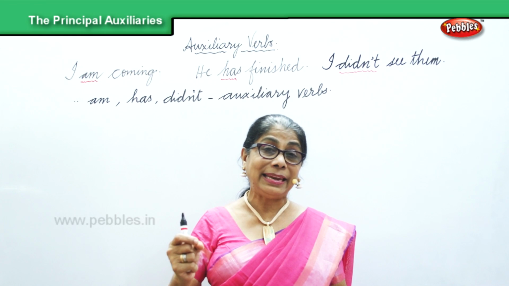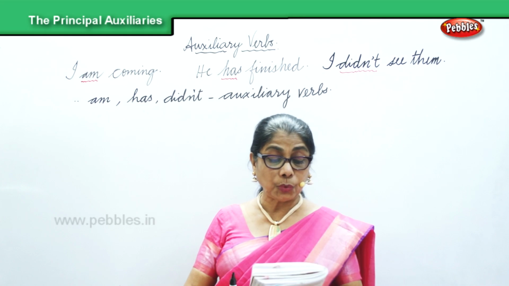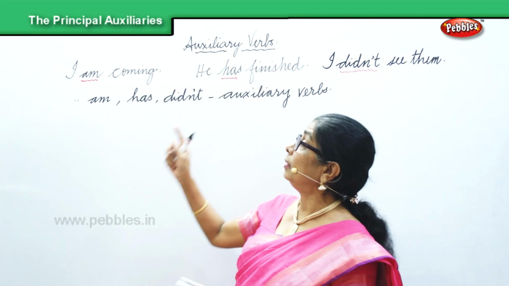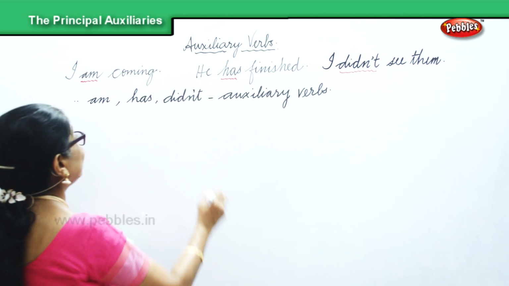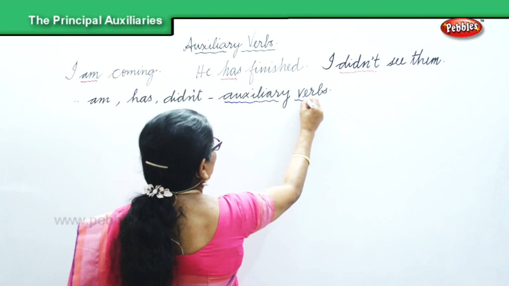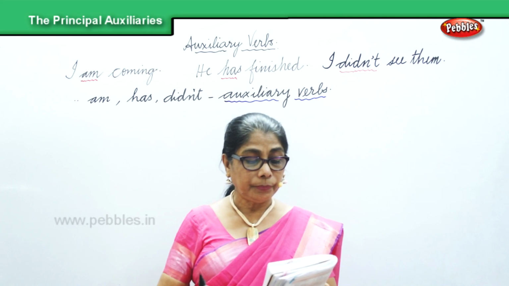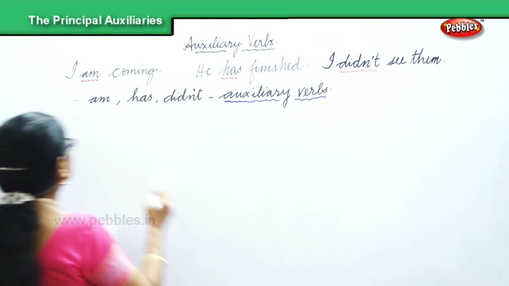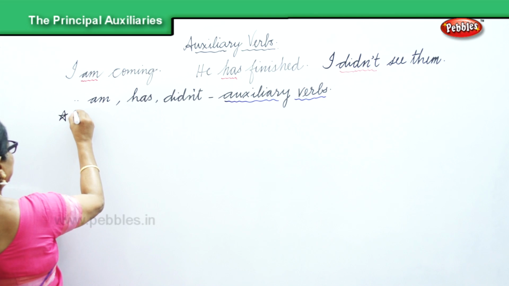So we will look at principal auxiliaries first to understand the auxiliary verbs. The auxiliary verbs are divided into two kinds.